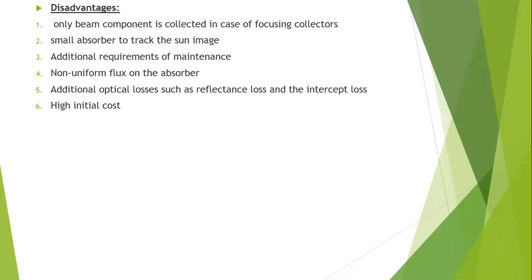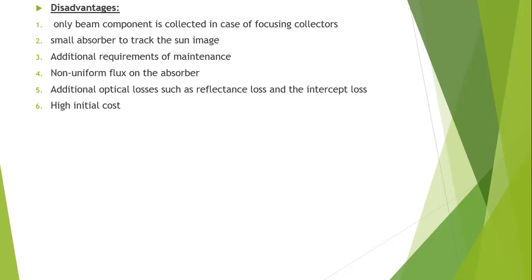And the fourth one is there is non-uniform flux on the observer. Non-uniform flux on the observer means, suppose you see a compound parabolic reflector concentrator, on some areas of the trough we are having high intensities of solar radiation, and in some areas we are having low intensity of solar radiation.